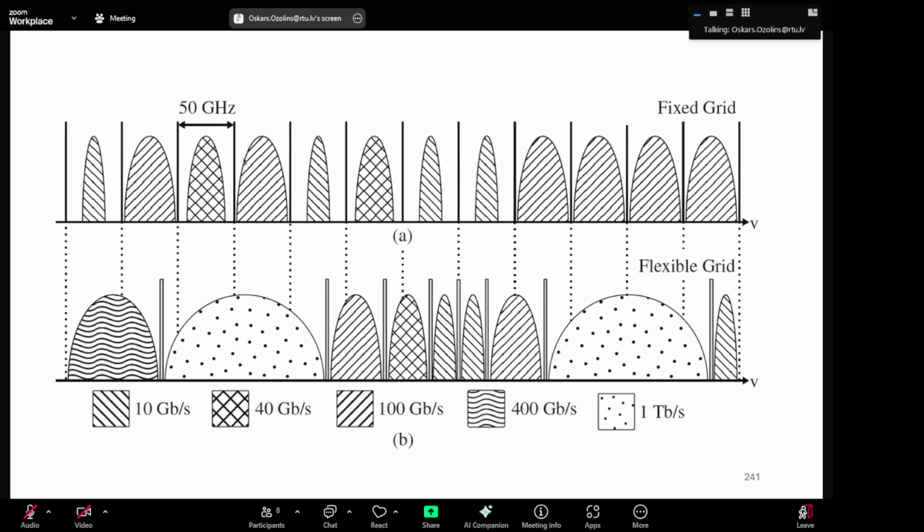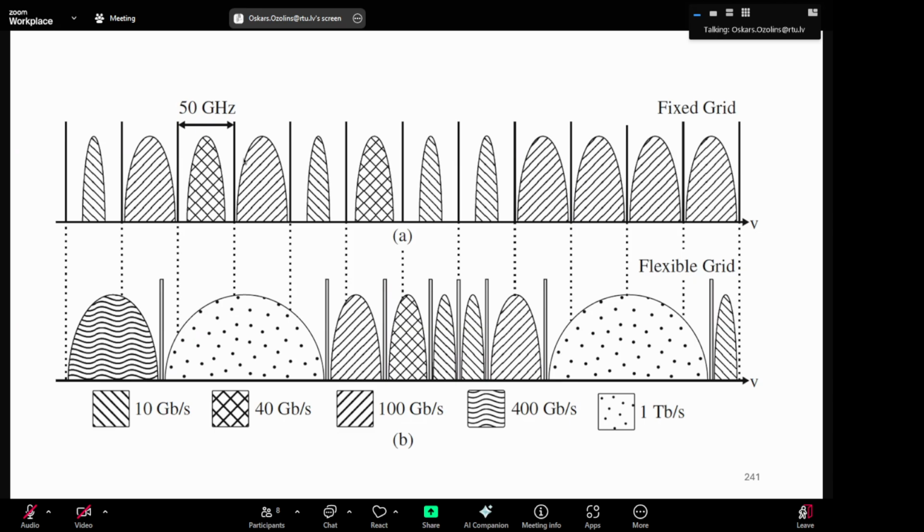Then there are different approaches to how you allocate channel spacing.